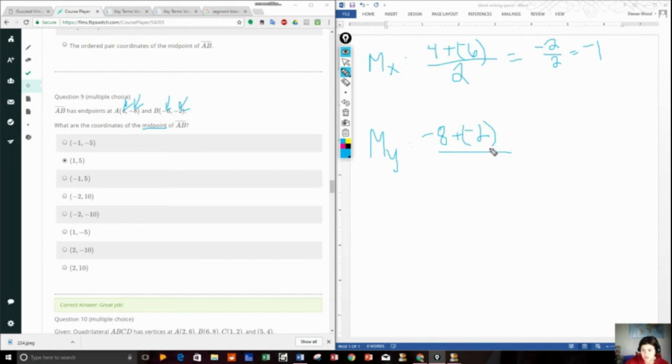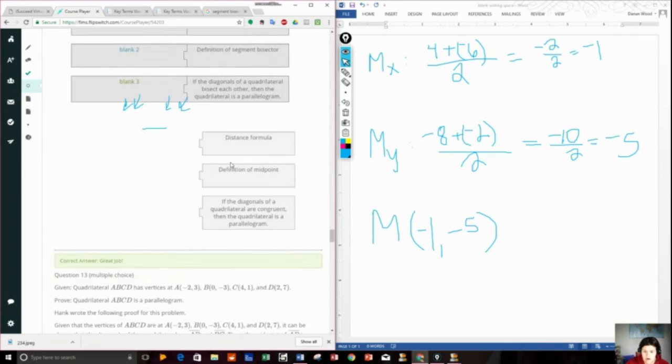Well, I had 2 coordinates, so I'm going to divide by 2. -8 plus -2 is -10, divided by 2. -10 divided by 2 is -5. So then my midpoint's coordinates are going to be -1, that was our x coordinate, and -5, that is our y coordinate. So I'm going to look through here at (-1, -5) and check our work.